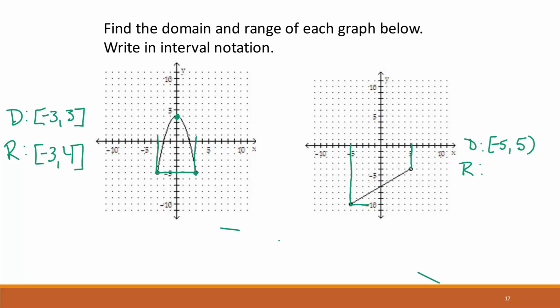So our bottom point is right here at negative 10, and that is in the closed circle, so bracket. And then our graph tops out at this open circle here at negative 4. So that value is parenthesis again because that circle is open.